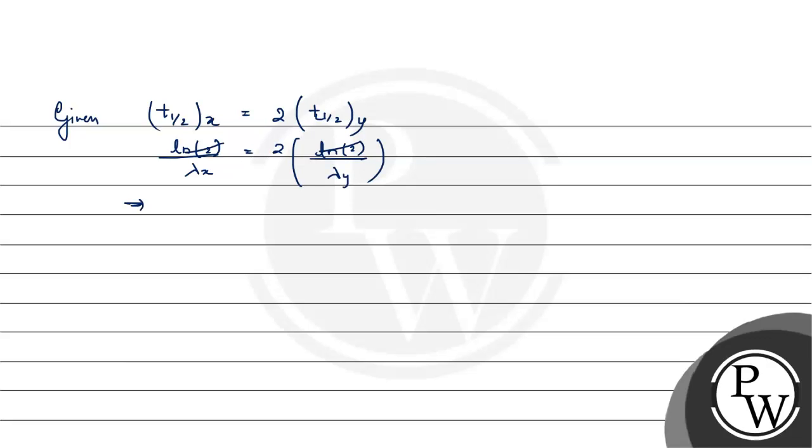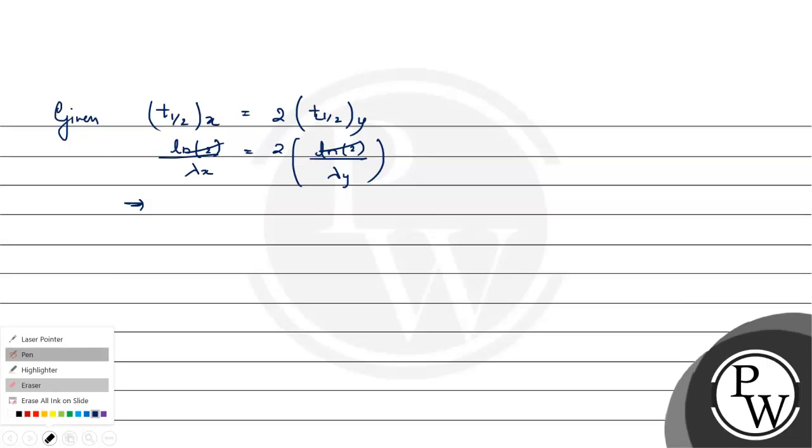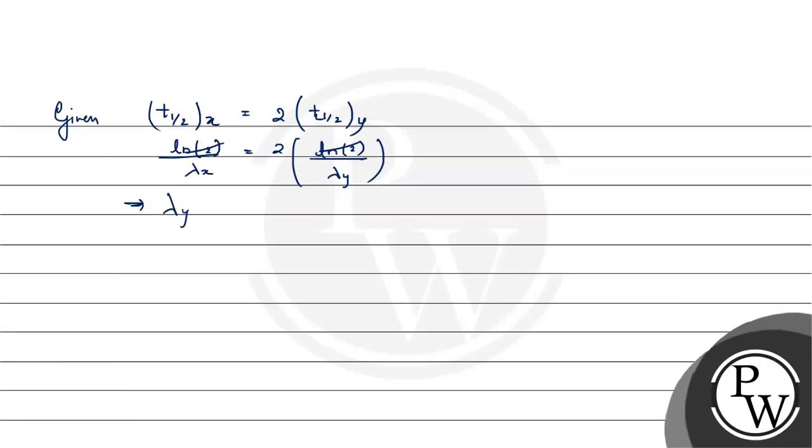From here we get lambda Y is equal to 2 times lambda X. Let's keep this result in a box so that it will be noted carefully.